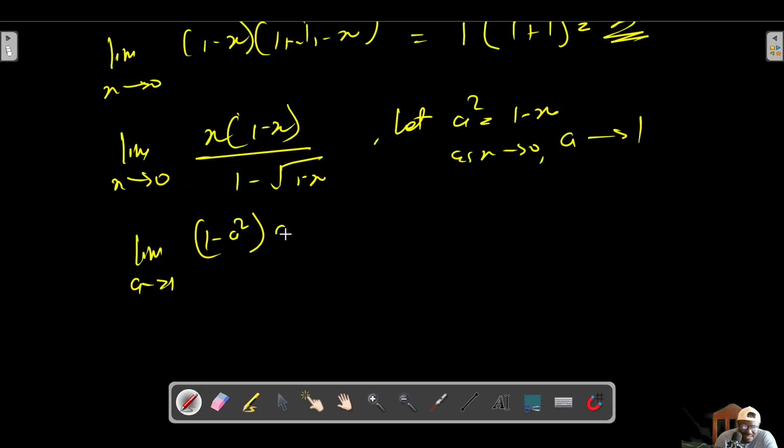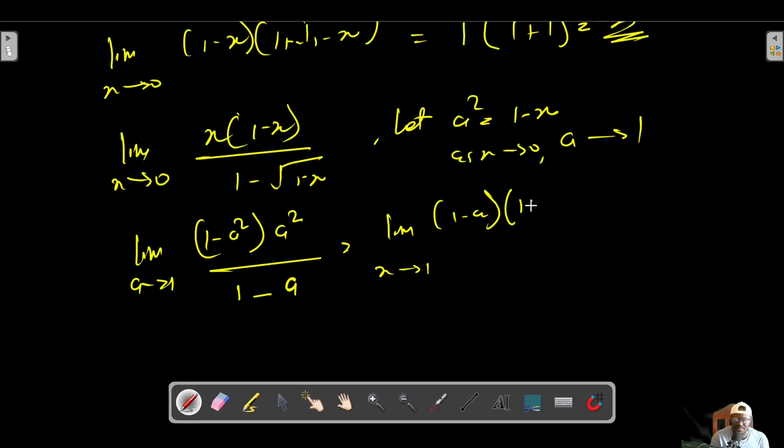1 minus x is a squared, divided by 1 minus root 1 minus a, which is what? A squared under the root will give us 1 minus a. So simple. Now from here, you realize we can factorize 1 minus a squared, which will give us 1 minus a multiplying 1 plus a in parentheses.